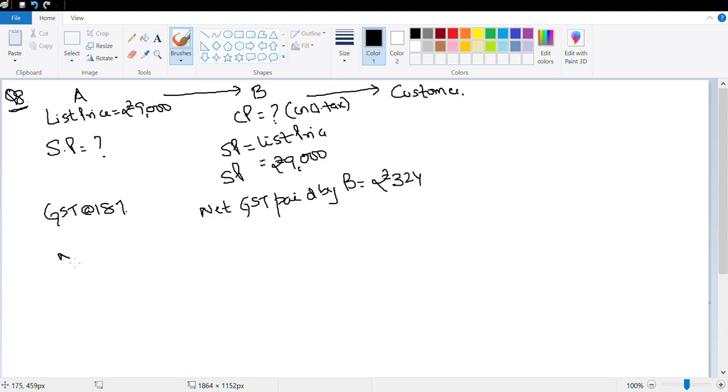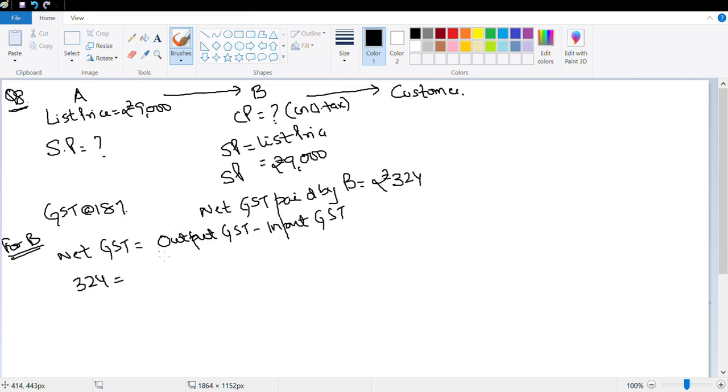So let's look at this. We know net GST is equal to output GST minus input GST. That's a simple calculation that we know. That's a formula. So net GST for B, we're looking at from B's perspective. Net GST is 324.